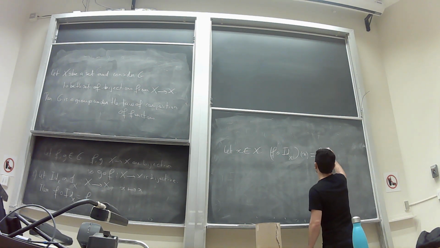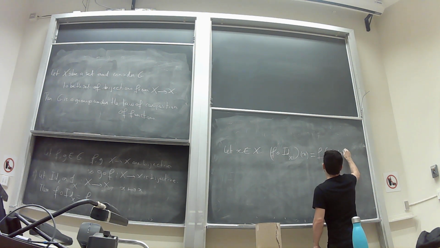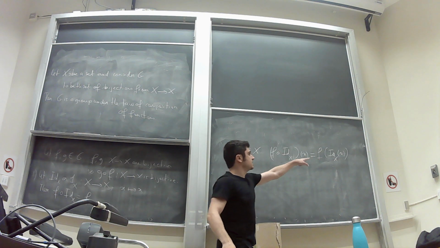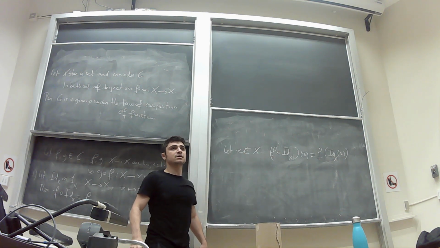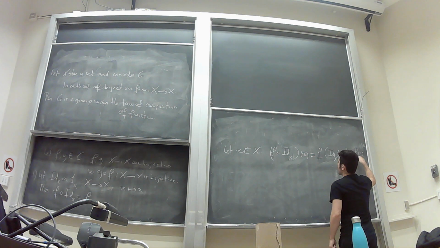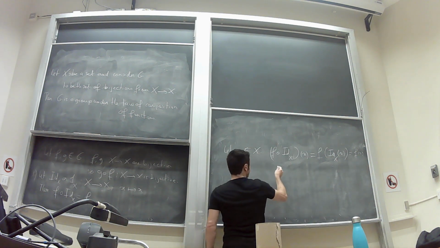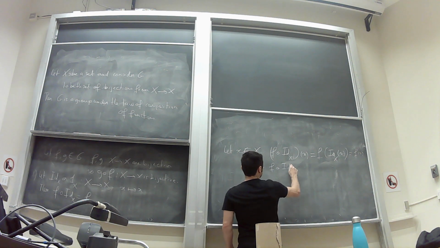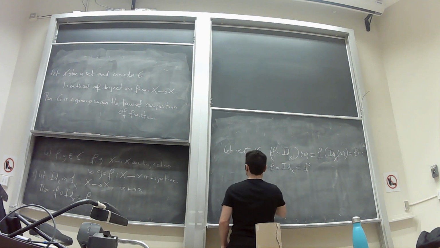This is f of ID_X at x. What is ID_X of x? x. This is just f of x. Now f and f composed with ID are equal at any point x in X. So f composed with ID_X is equal to f.